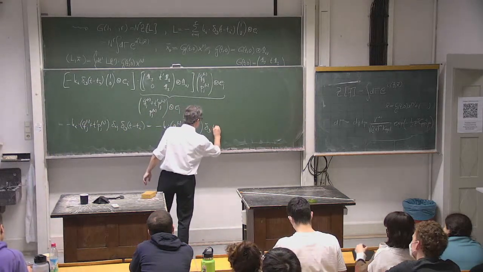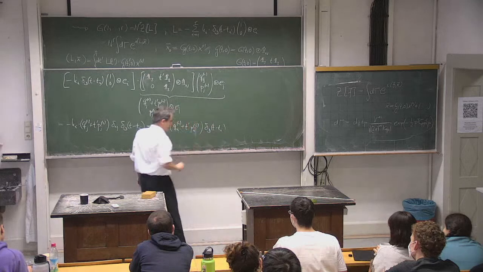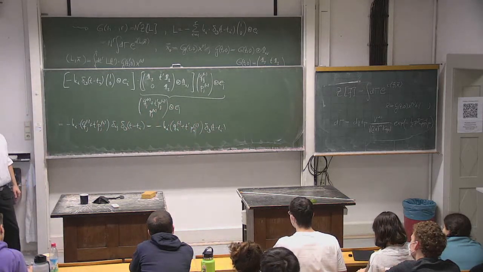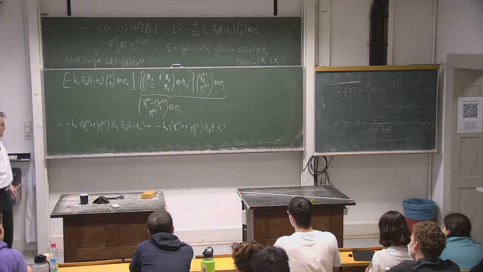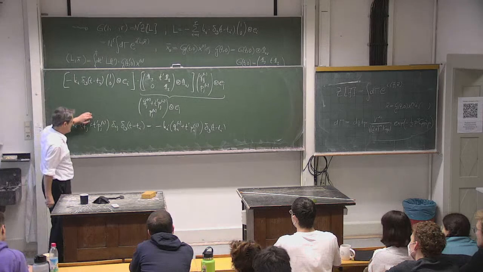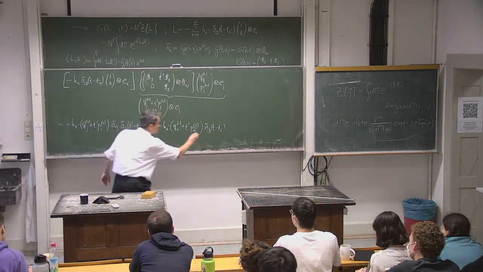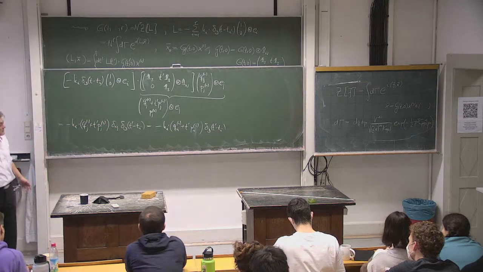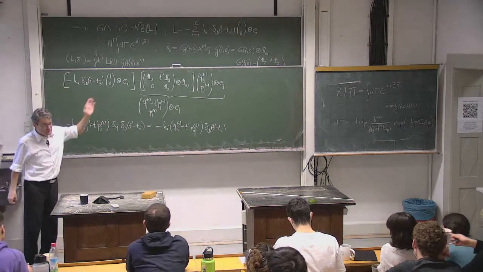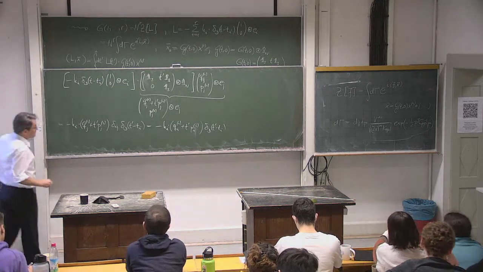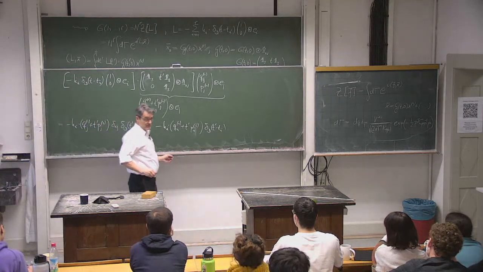Then times this here. And now you integrate over this. You integrate the whole ordinary scalar product over time, and all the delta distributions drop out again.